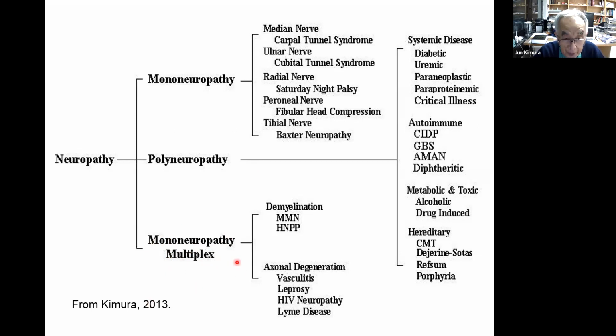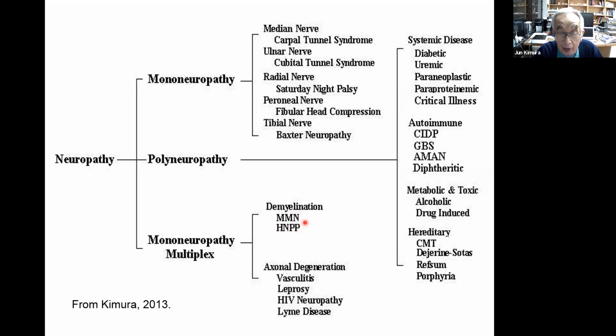That's what this means. And this has very interesting disease entities, which include multifocal motor neuropathy or hereditary neuropathy with predilection to pressure palsy. And these are demyelinative neuropathy. This is important because multifocal motor neuropathy comes as a differential diagnosis of motor neuron disease.